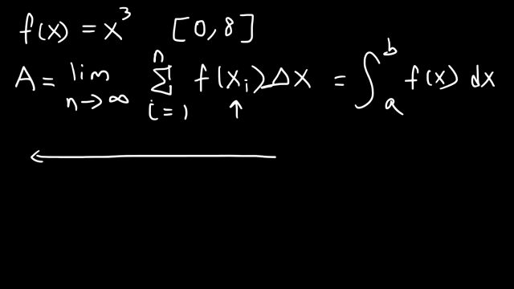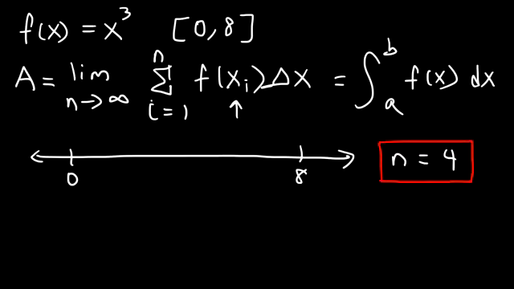So let's make a number line, and let's go from 0 to 8. For this particular illustration, we're going to say that n is 4, but for the actual problem, n goes to infinity. So this applies only for this illustration. If n is 4, what is delta x? Delta x is b minus a divided by n.